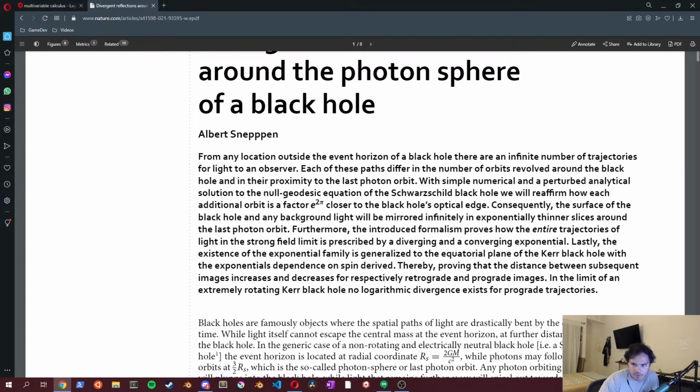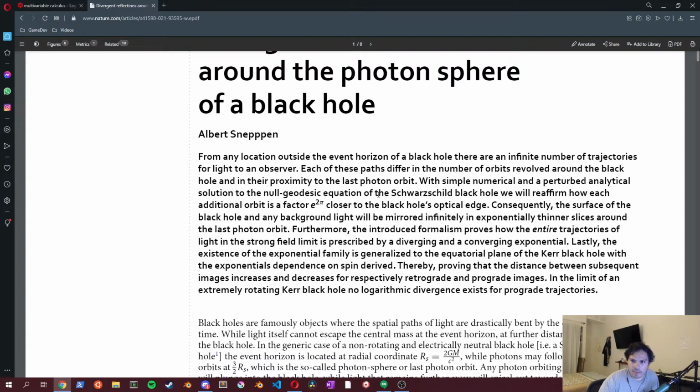So the geometry comes from understanding the distribution of matter and energy in your space-time, and there's this equation that you solve that tells you, okay, if I know the distribution of matter and energy, then what does the geometry of space-time look like?